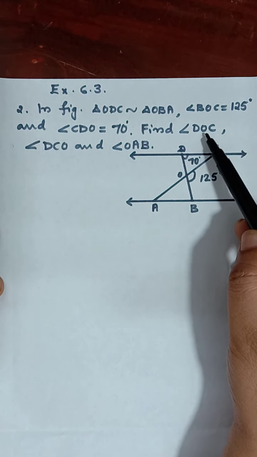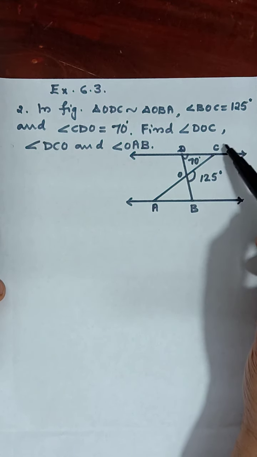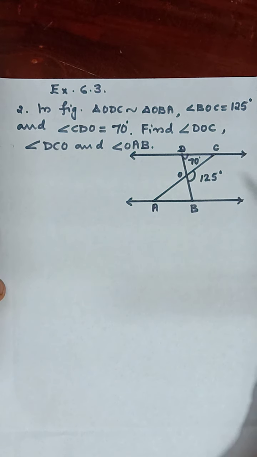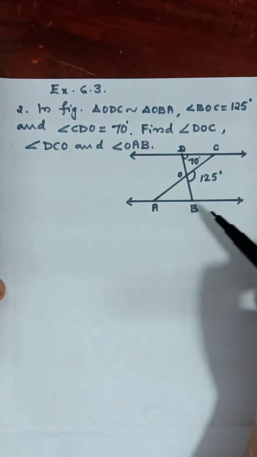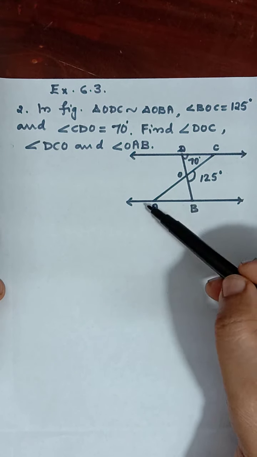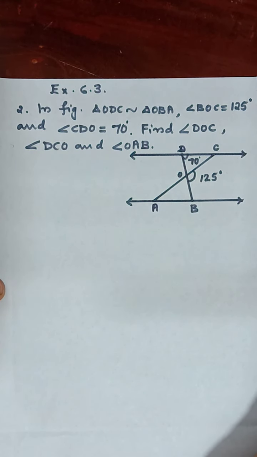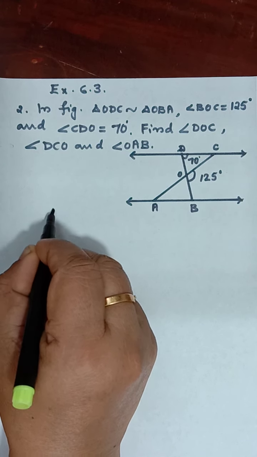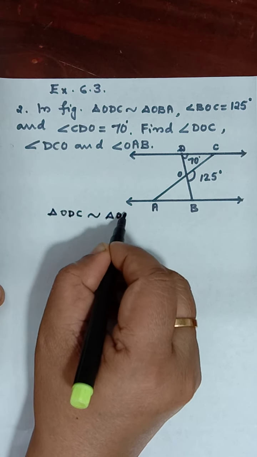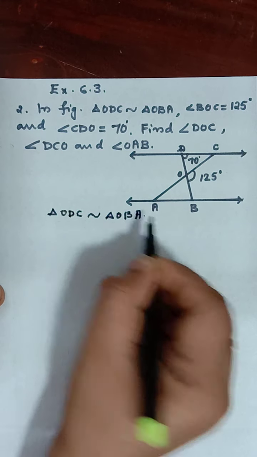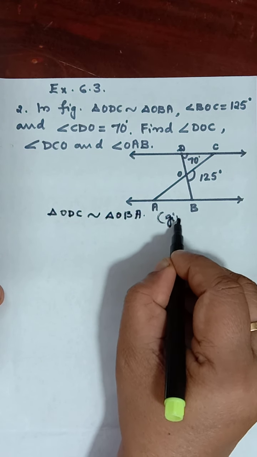We must find out angle DOC, angle DCO, and also angle OAB. Very simple. First, what is the point given? Triangle ODC is similar to triangle OBA. It is given to us.